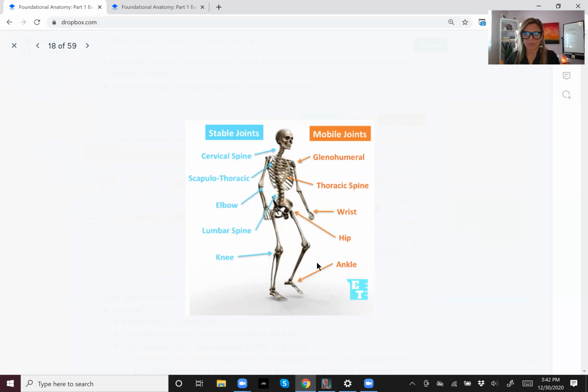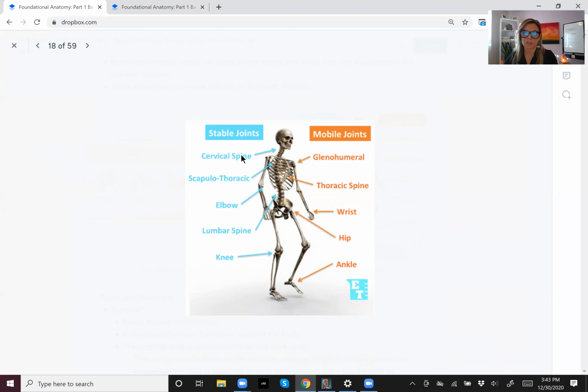So our ankle is very mobile. We have hip mobility. We want our wrist to be able to move. Our thoracic spine actually has a lot of mobility in it, and that's important for rotational movement for us. And then our glenohumeral, our shoulder joint. And then where things are more stable, so elbow was kind of right in the middle, remember, on that space. So it had movement, but it didn't have a ton of movement. Sorry, it's not even movement, it's stability.